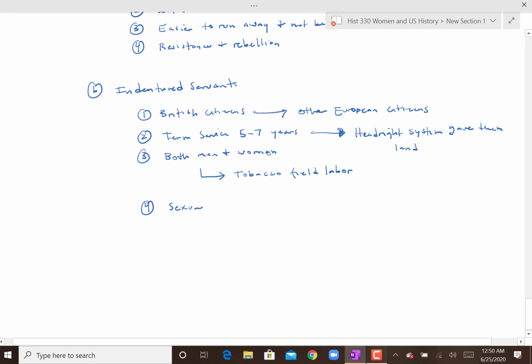So you do have sexual abuse for women was always something that was problematic, even though there was a term service. You still have that they were technically the owner and master for that term of service, and they took advantage of that.